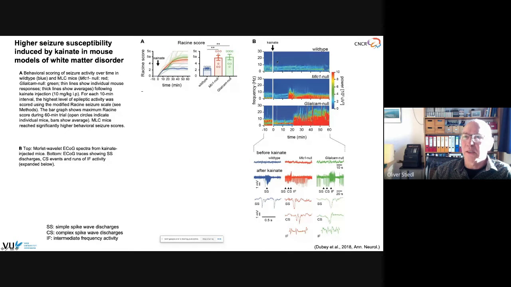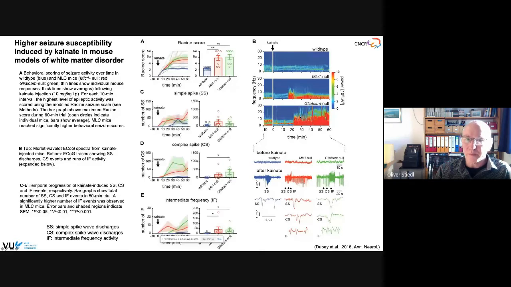And that's nicely shown here in the spectral analysis, where you can see that after kainate injection, there is some change, but it returns to baseline, whereas in the MLC, you see some change, and then you see a massive increase, particularly in simple, complex, and intermediate spike frequencies, with increasing time and increasing power, as you can see.